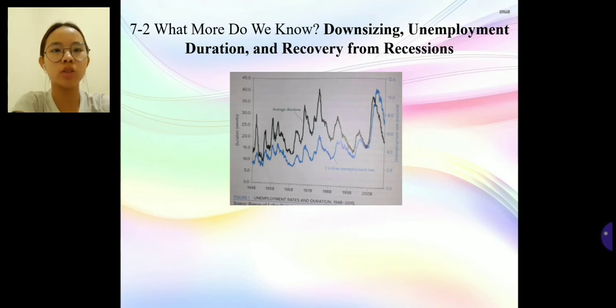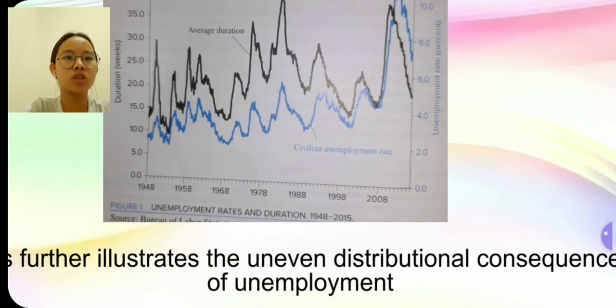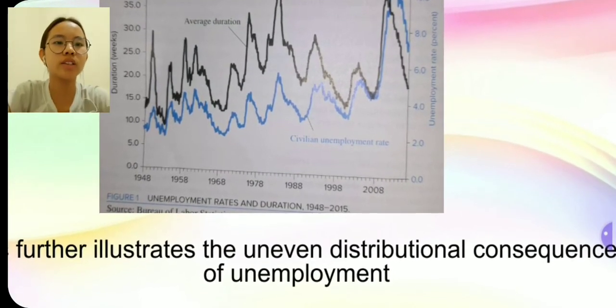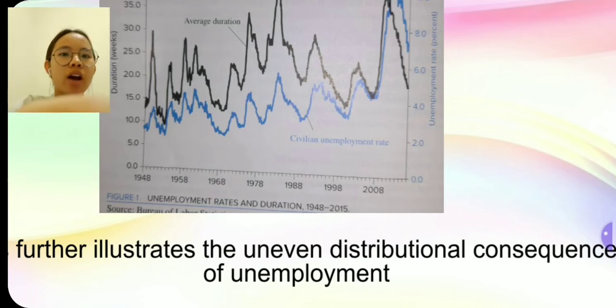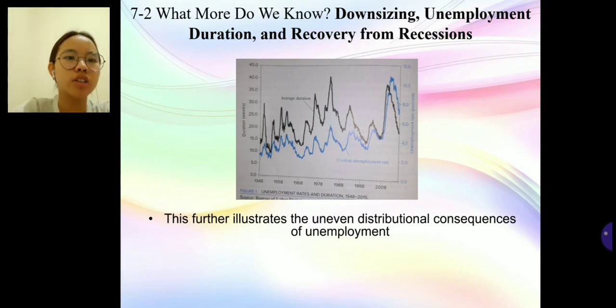The next one is about another case of this figure, and it's quite the same actually, but from this figure we can see that in 2007-2008 there was a great recession that made the long-term unemployment records really high, and this further illustrates the uneven distributional consequences of unemployment.